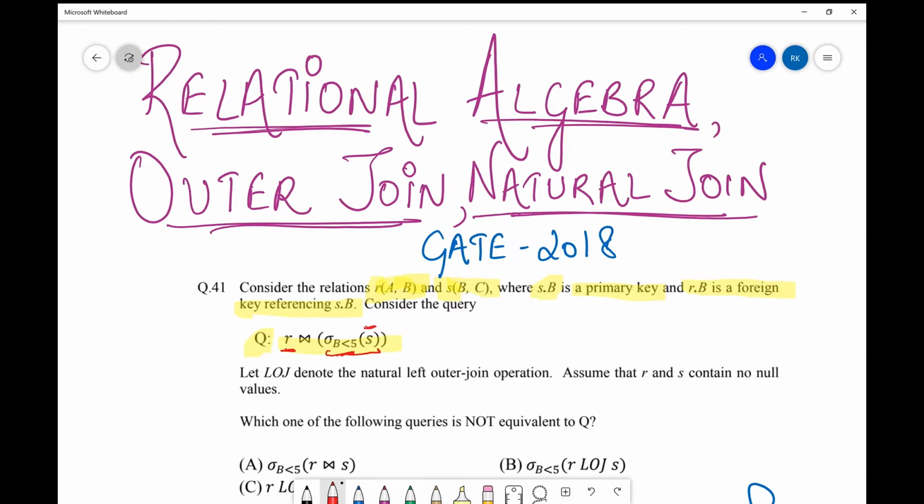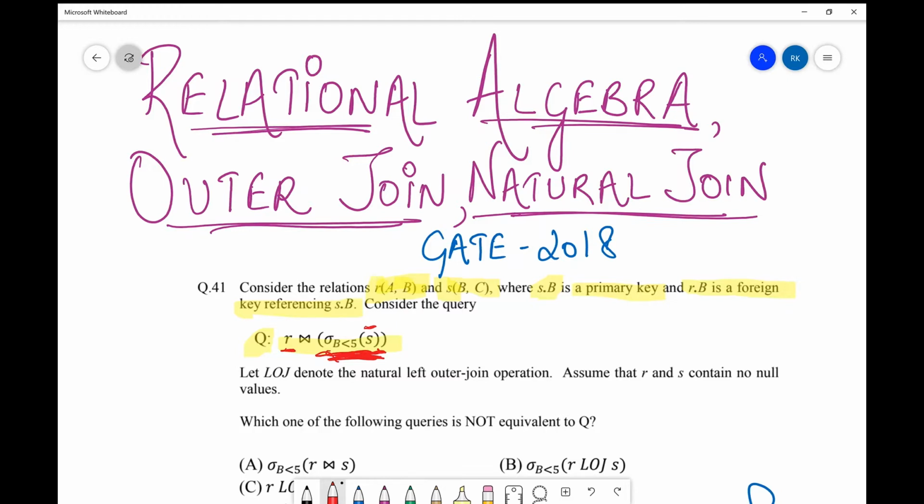Here the relational schemas we are considering are R and S, so the common attribute is B. So we are going to perform this join on B, but with this subset of records. Now let's see what the question says next.